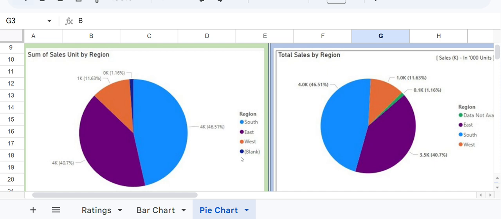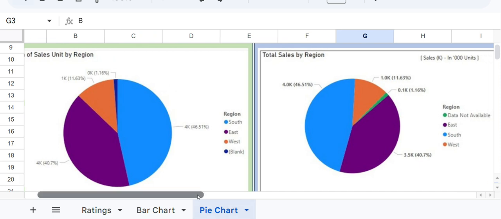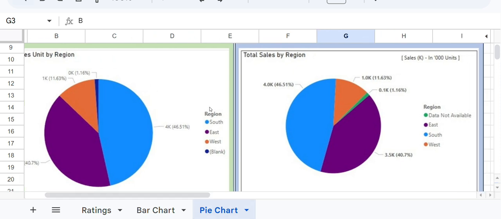The second thing, which is equally important, is this legend. We can see blank is coming here. Now we don't know if that was a missing value or if there is a particular region. It could be that this data is part of west or east or south or altogether another region, which is the missing one, north.